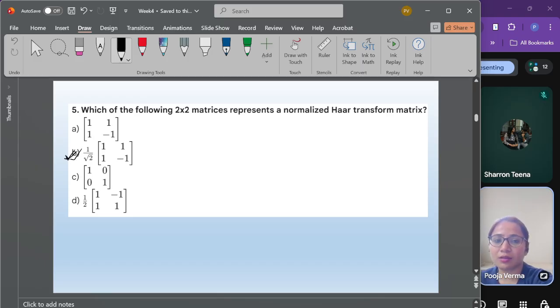Option B is the correct answer for this question.